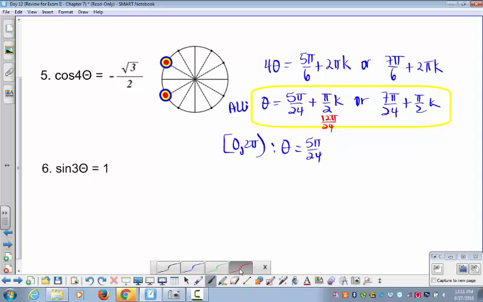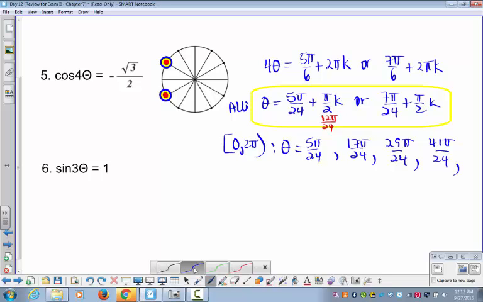Adding to the 5, we're going to add a 12. So 5 plus 12 is 17 pi over 24. Add 12 again, and that's 29 pi over 24. Add 12 again, and that's 41 pi over 24. And if you were to add 12 another time, you'd be beyond 2 pi. So that's why you stopped with that one.